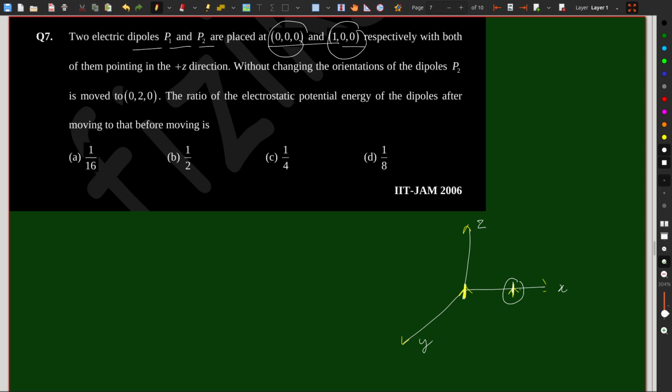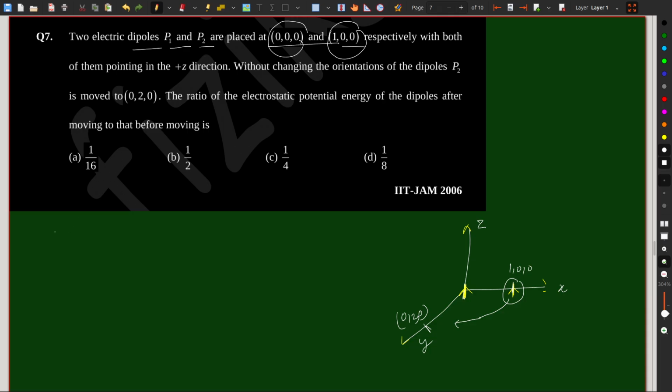So this dipole is taken from here to here. This is (1, 0, 0) to (2, 0, 0). Okay, so we have to calculate the ratio of electrostatic potential energy.